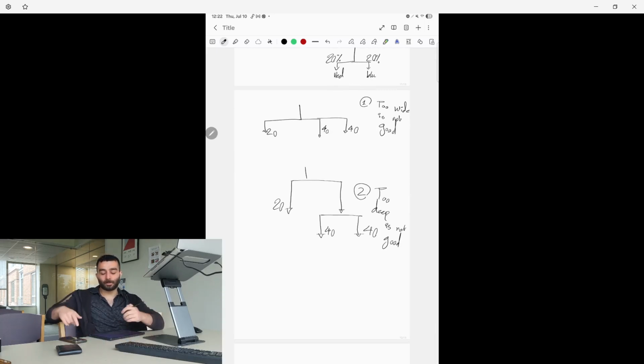So we need to put a cost for breadth, which will be eyeballing.